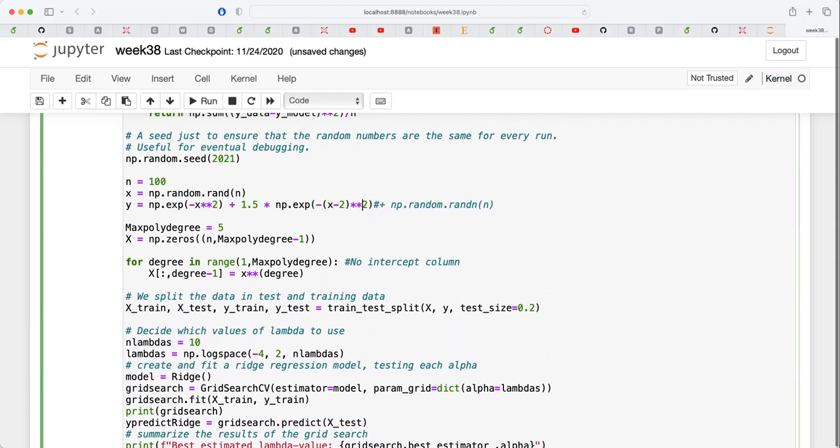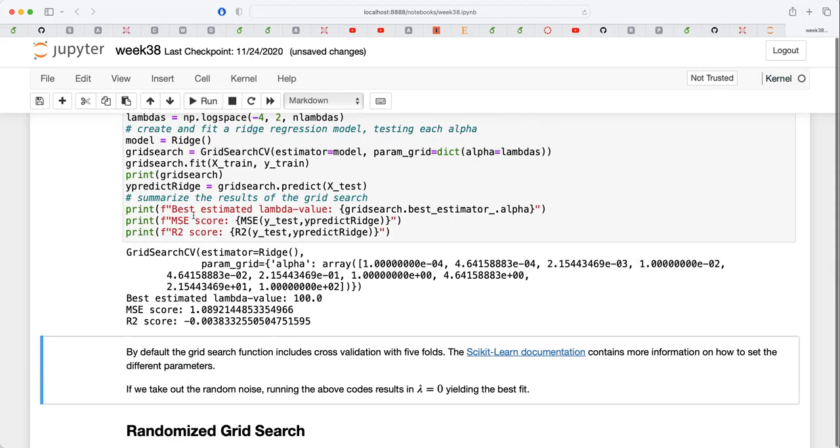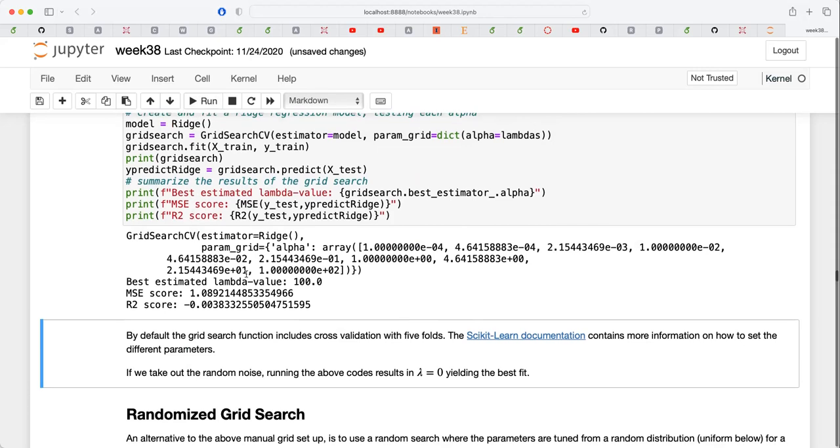And if you add noise, then as you saw from the previous run, where we just did the by-eye search, you see now that the best estimated value among the values you plugged in is 10 to the power of 2, and then it finds the best mean squared error. So depending on whether you have noise or not, this grid search will try to find the optimal value.